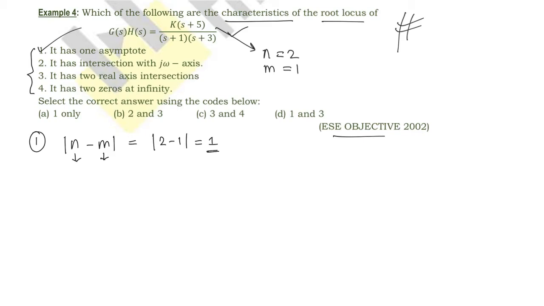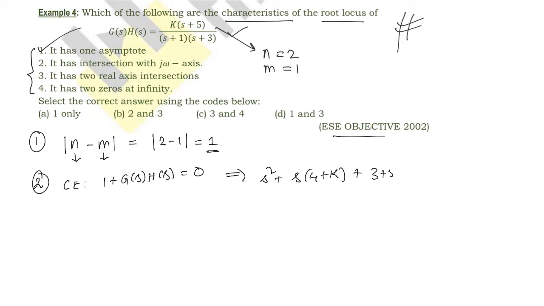Next, the second statement: it has intersection with the j omega axis. So how do you find the j omega axis intersection? You will use the RH criteria. The first thing you have to obtain is the characteristic equation. What is the characteristic equation? 1 plus G(s)H(s) is equal to 0. So you will get s square plus s into (4 plus k) plus 3 plus 5k is equal to 0.